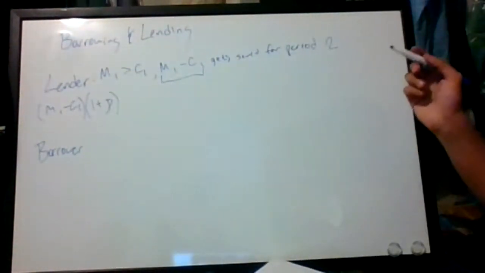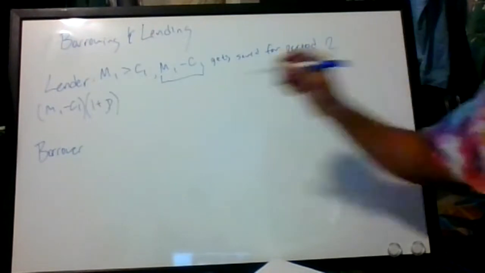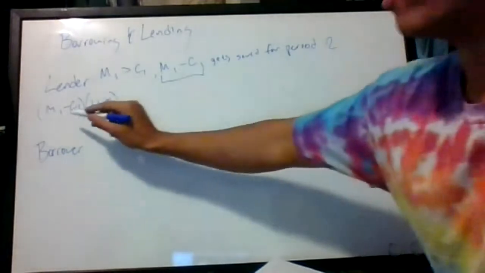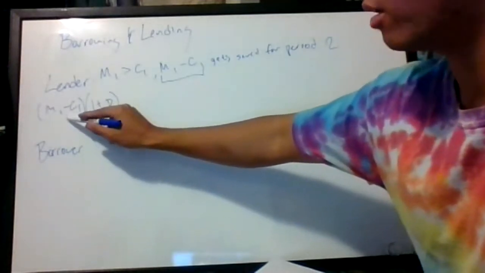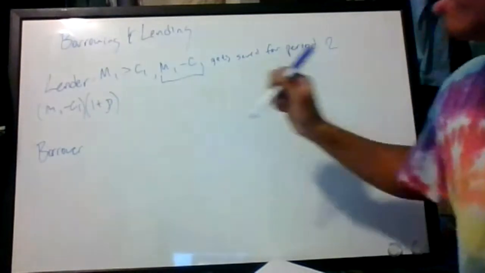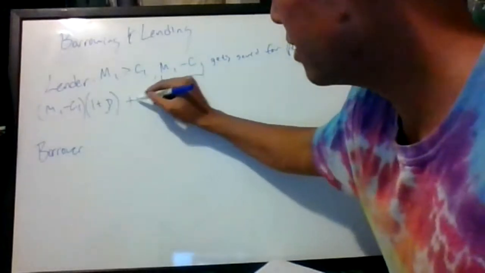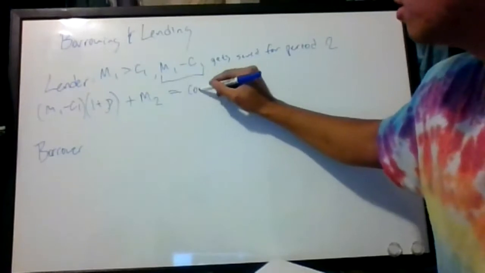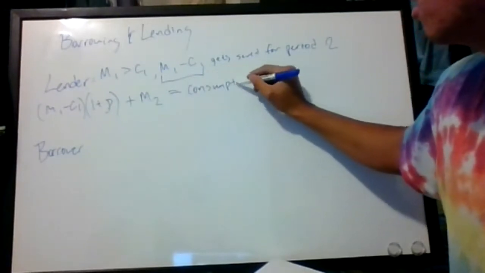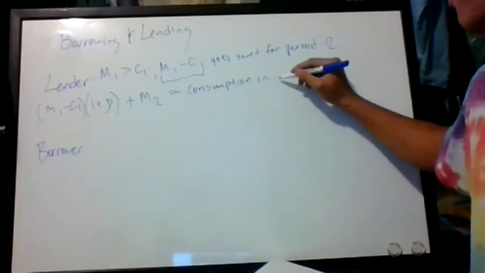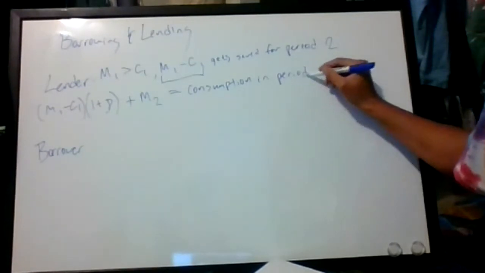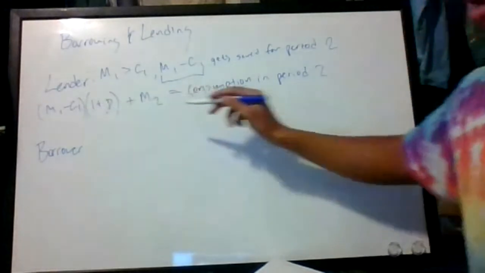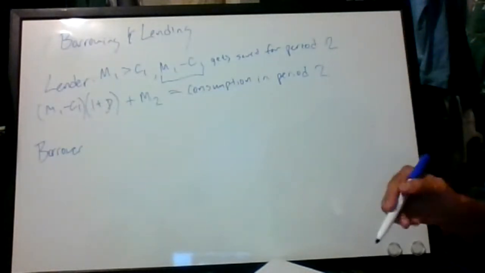This product is the money that we saved in period one times the interest rate, and then we add this to M2, and this is equal to consumption in period two. We're going to consider this our future consumption.